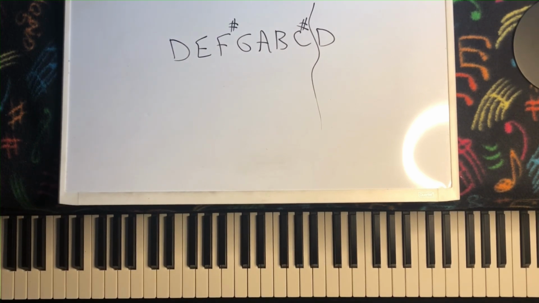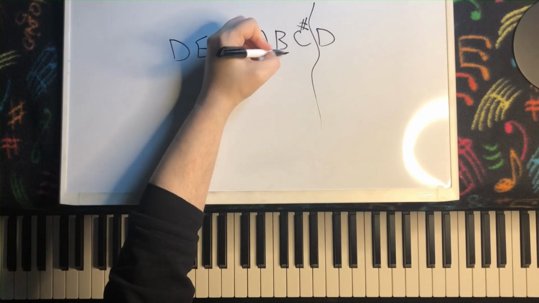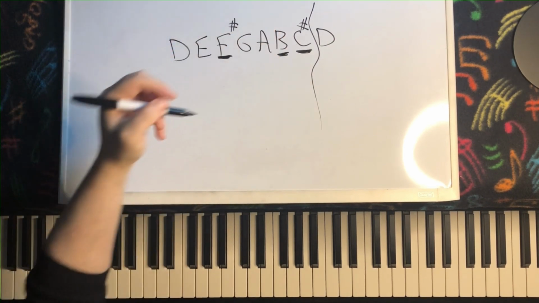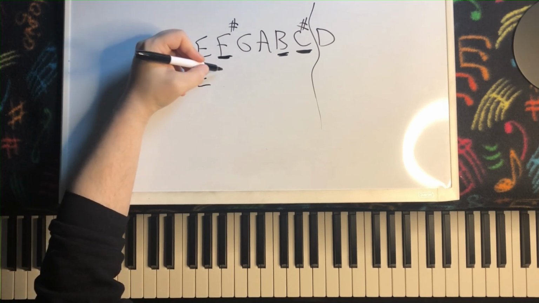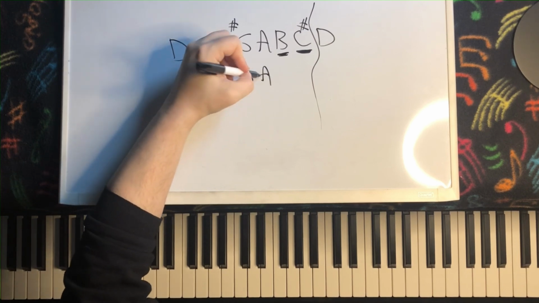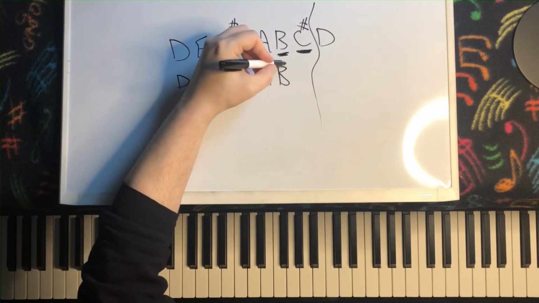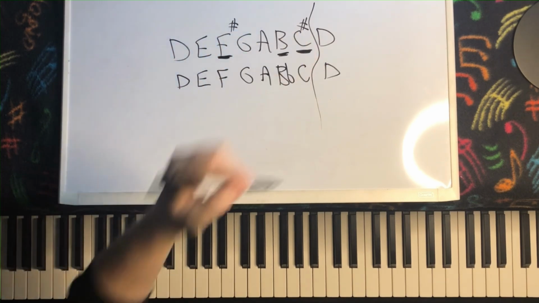So if I'm gonna flat my 3rd scale degree, that would be this one, then I need to flat 6 and 7. So let's try this. D, E, well, F sharp flatted is just F, G, A. If I flat B, I get B flat. Then C sharp, if I flat that, I just get a C. Then I'm back to D.